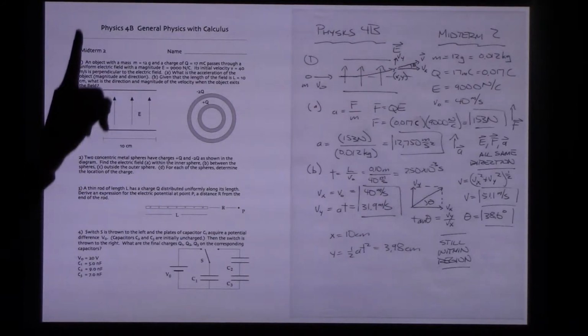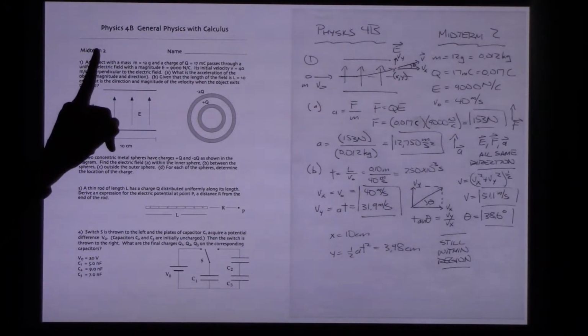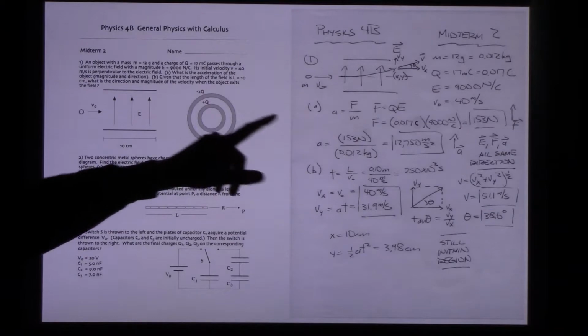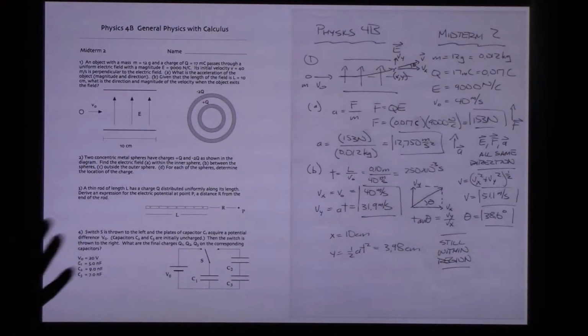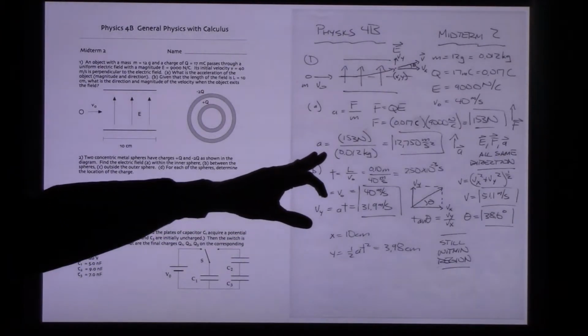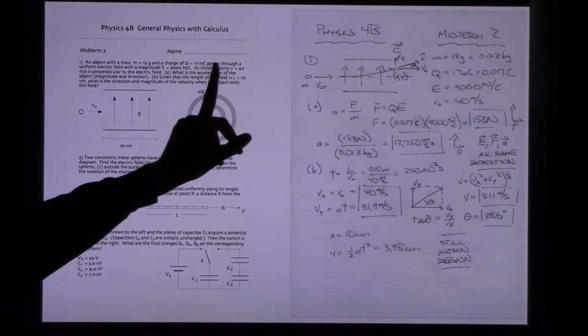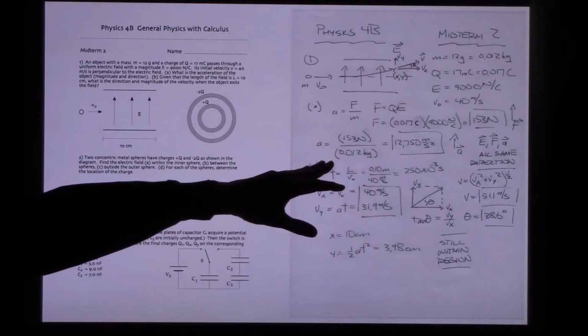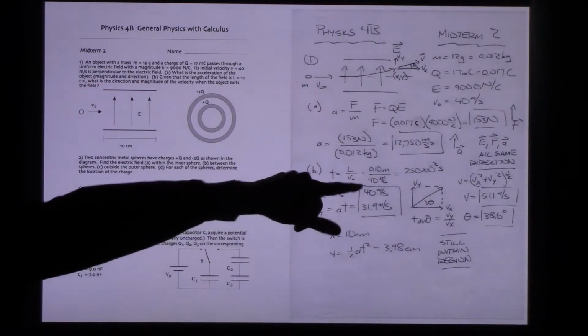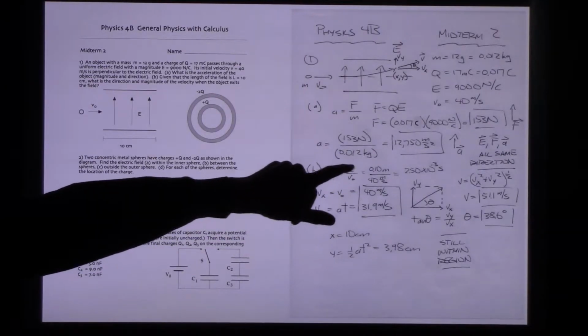Now that force is going to be in the positive Y direction. The acceleration is going to be in whatever direction the force is in, and the force here is in the vertical direction, so the acceleration will also be in that direction. That's what those little diagrams are showing.